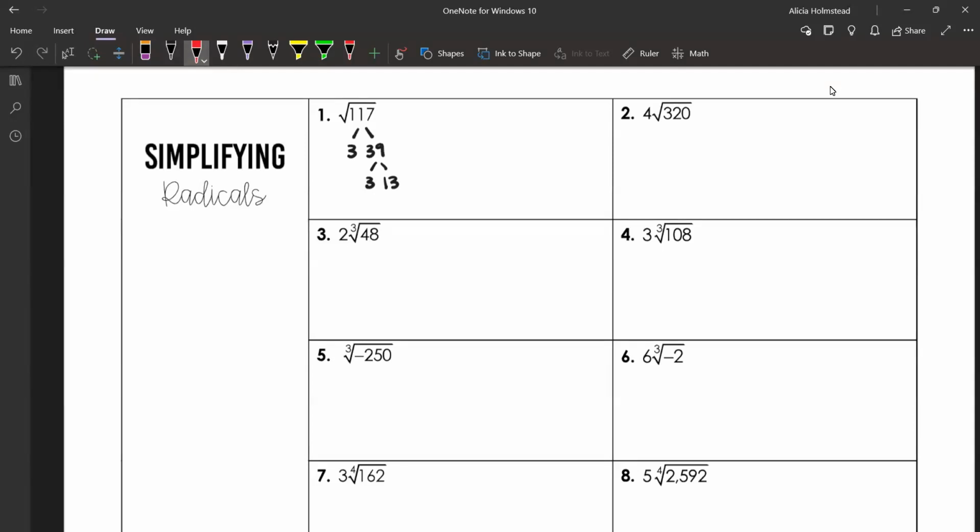The next thing we're going to do is look at the index. And since we don't have an index written, we know it's 2. So looking at our factors, we are going to look for groups of 2 things. Looks like we've got 2 3s here. And then we only have 1 13, so that would be considered a leftover, and we're going to box it in.